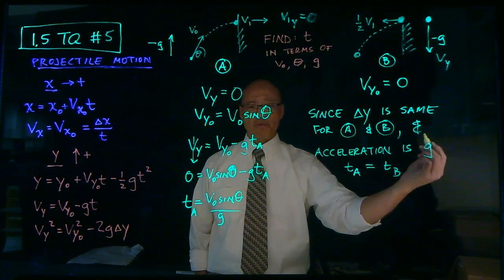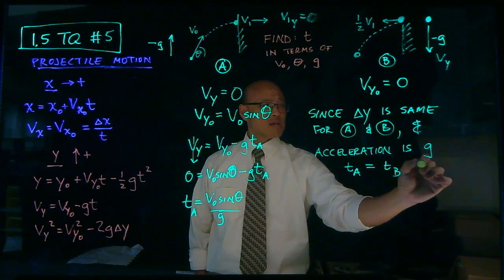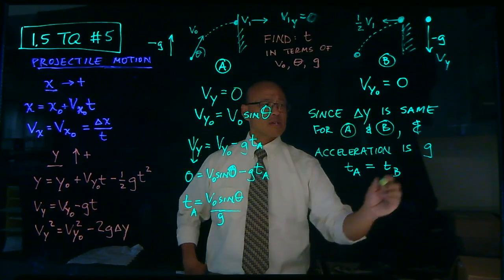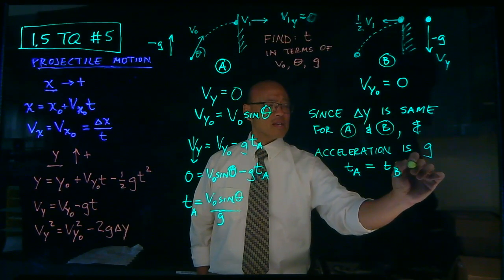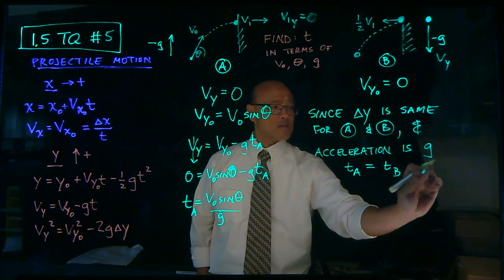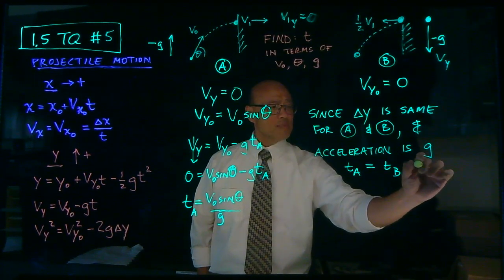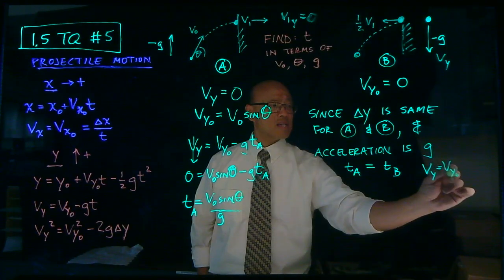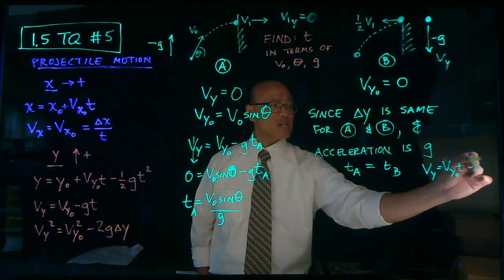What's TB? If you just need an equation, I could use this equation because it just talks about vertical velocities. If I'm starting at 0, my final velocity Vy is equal to Vy naught minus gt.